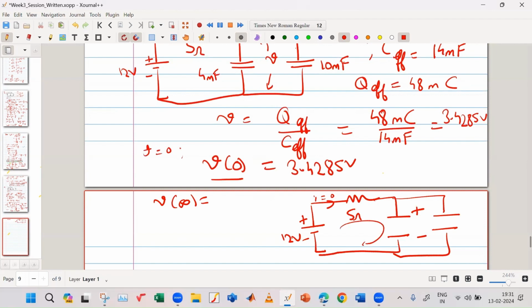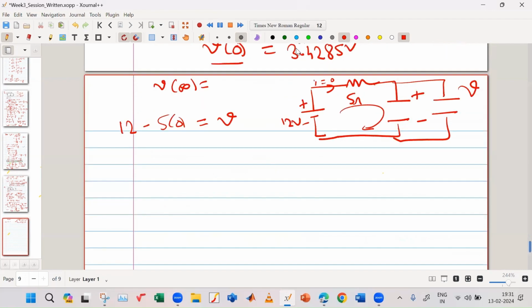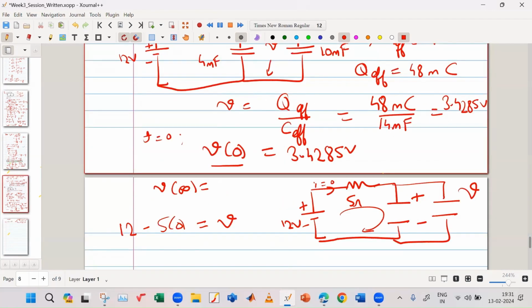So when I apply KVL in this loop, it will be 12 minus 5 into 0 plus this voltage V, so it is equal to this voltage V. Because the current is 0, because it is open circuit and current cannot flow, my voltage V will be 12 volt. If there is any voltage difference across the resistor, current will flow. Now, because it is open circuit, there is no current flowing, and that means my voltage V has to be 12 volt. All right.